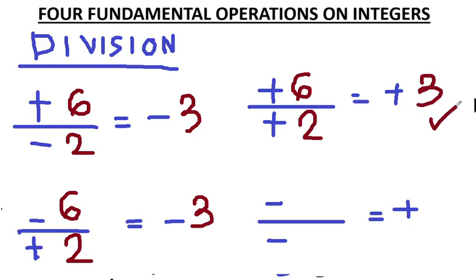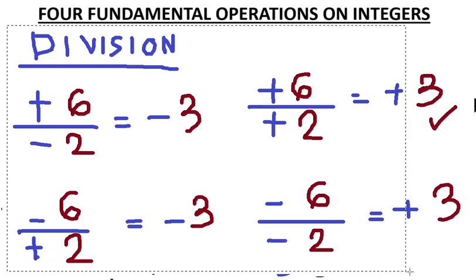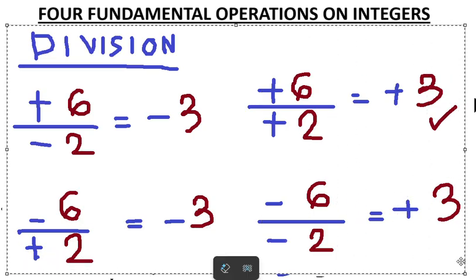So this over here, it means 6 divided by 2 is equal to 3. Negative 6 divided by negative 2, the answer would be a positive 3. Okay, so you have to remember these formulas before you proceed on to much tougher sums. So these formulas are really important to consider.